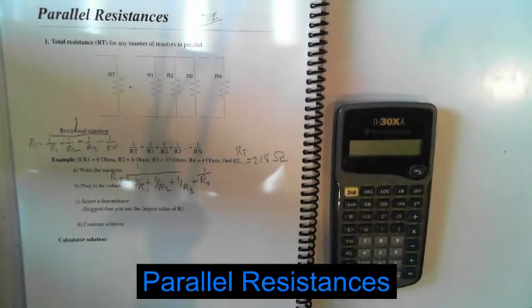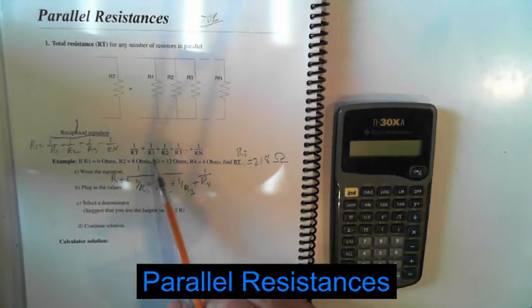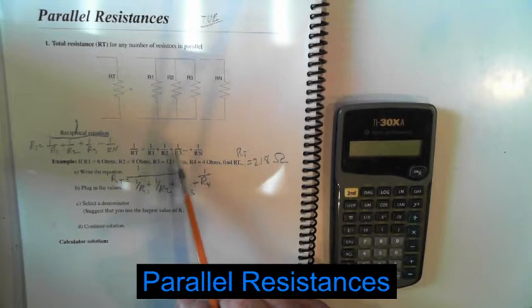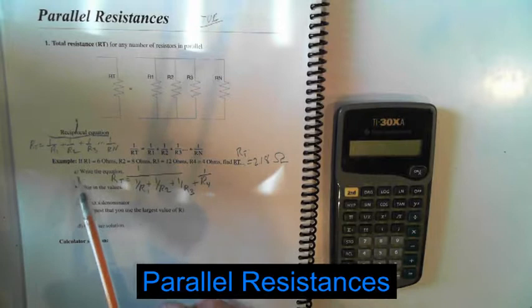We mean it could be R4, R5, etc., to the nth degree. Now, in order to properly calculate the value of RT, I have a formula. 1 over RT equals 1 over R1 plus 1 over R2 plus 1 over R3 to the nth. Okay?